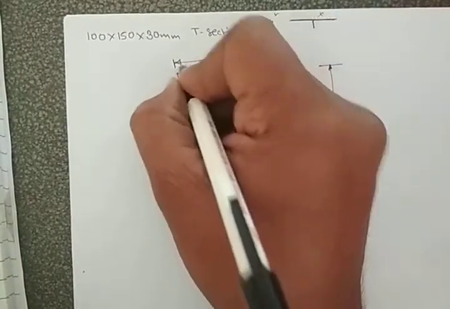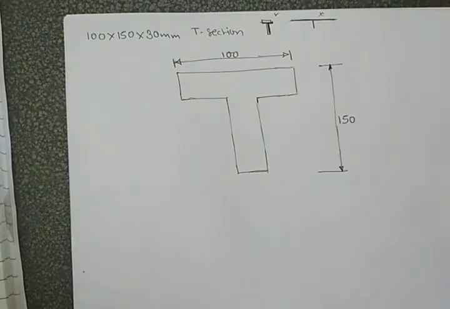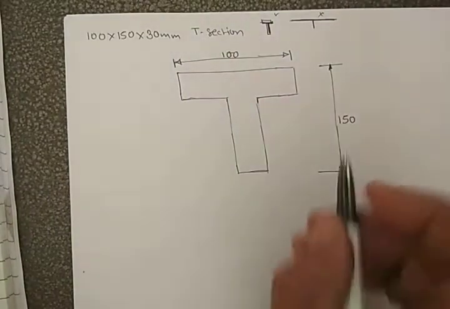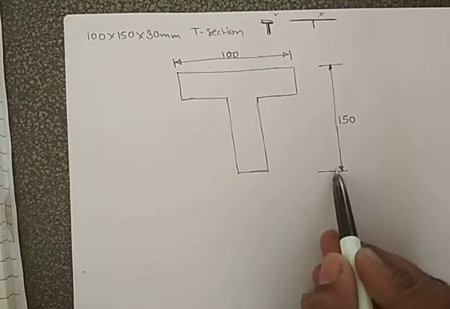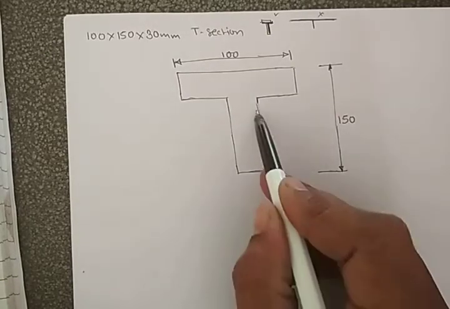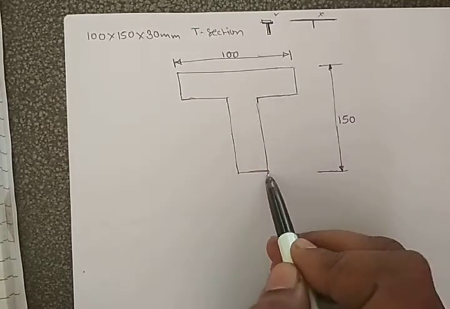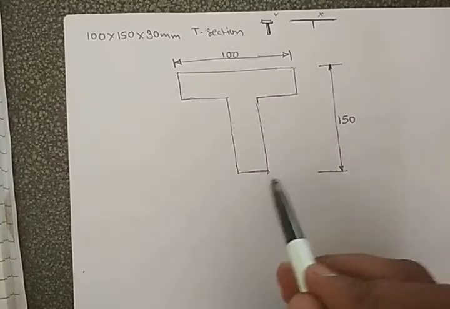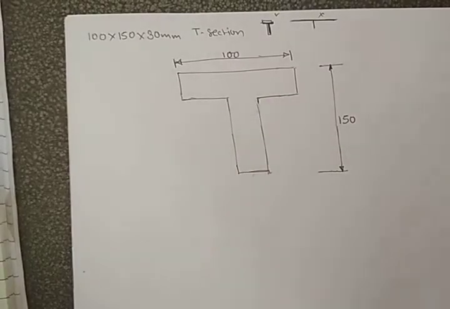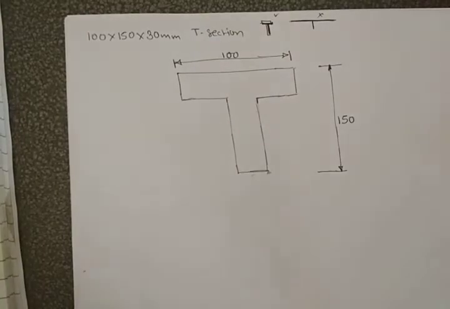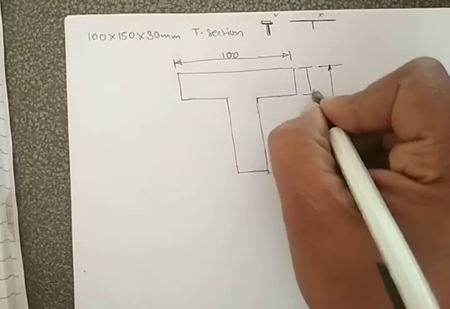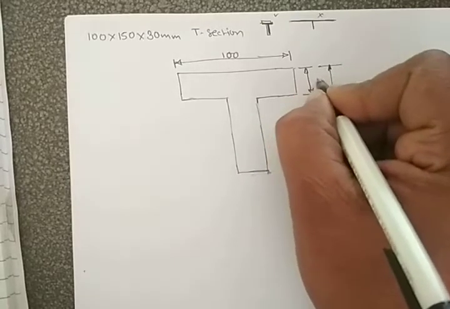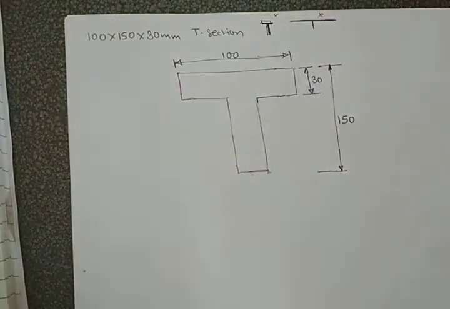See, 150 is from here to here, not from this point to this point. It is from this point to the bottom point. Getting how to draw the dimensions? Now the thickness of this is 30 mm. 30 mm thickness they have given. No, this is 30 mm.